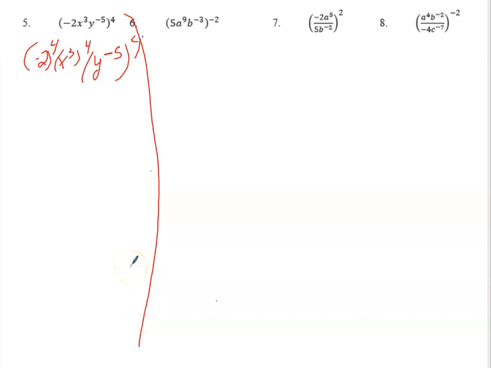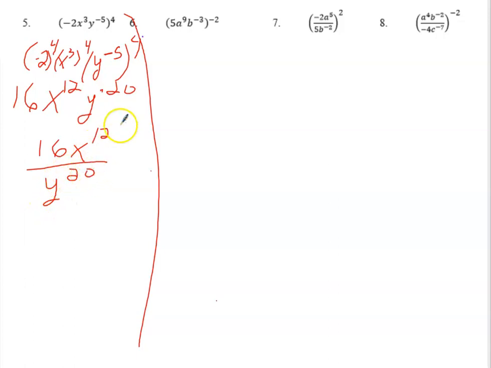Negative 2 to the fourth means negative 2 times negative 2 times negative 2 times negative 2, which is going to be 16. Multiply these two to be x to the 12th. Multiply those to get y to the negative 20th. This negative exponent is no good. It's going to go to our denominator. So it's 16x to the 12th over y to the 20th.